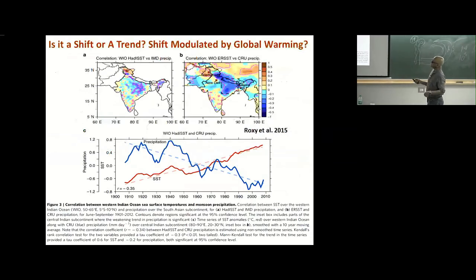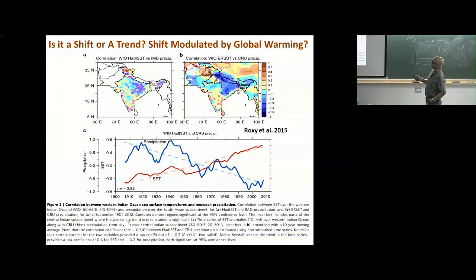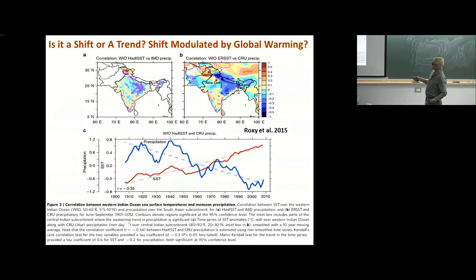So this is looking at two products. One is the IMD precipitation, one is the East Anglia precipitation, and it's basically looking at Western Indian Ocean SST correlation with the monsoon. Obviously, trends always correlate, not surprising.